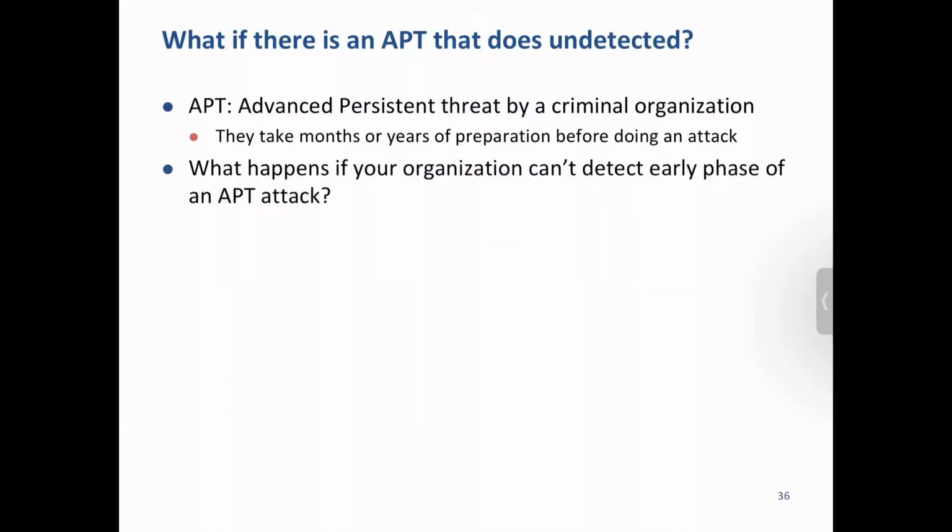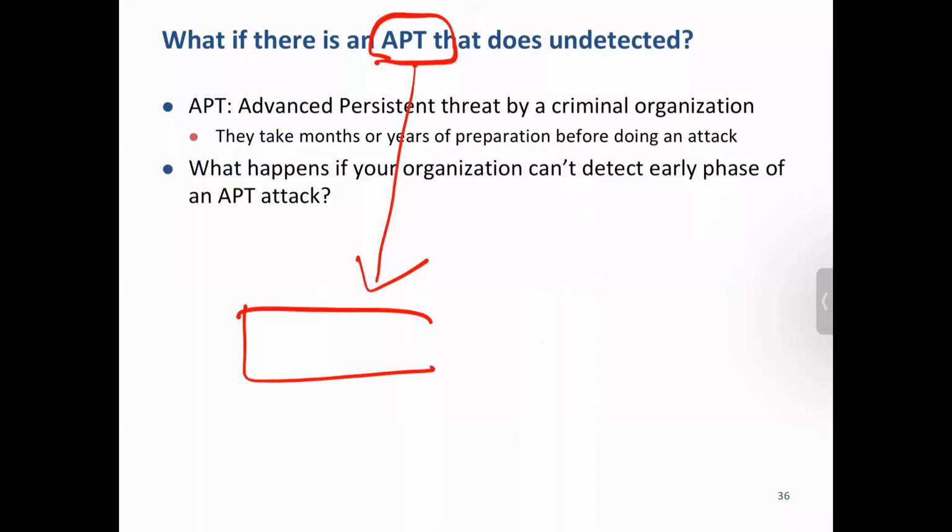Just a minute, one more minute. APT is the most advanced form of threat, right? Advanced persistent threat. So there will be a team of say 100, maybe 20 people who are security experts or criminals. Now some of these may be PhDs also.